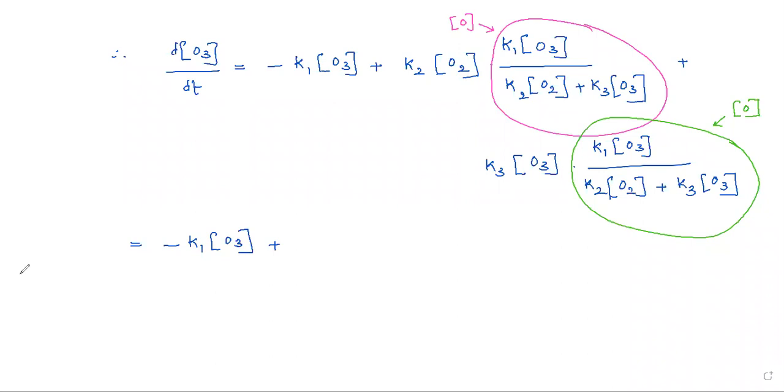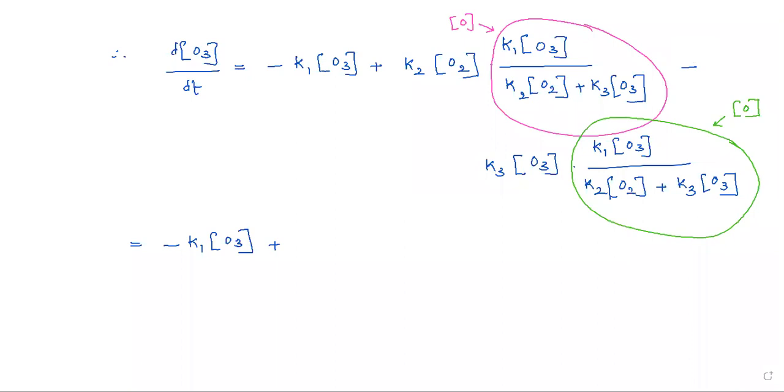Now this last one is also negative, right? This is again minus K1 into O3. First term is minus, second term is plus, third term is also negative. So it has to be minus here. And now minus K1 into O3 as it is.